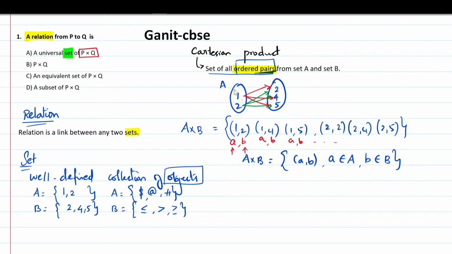So we have seen these three things: what is a relation, what is a set, and what is a Cartesian product. Here we should know about universal set, equivalent set, subset.